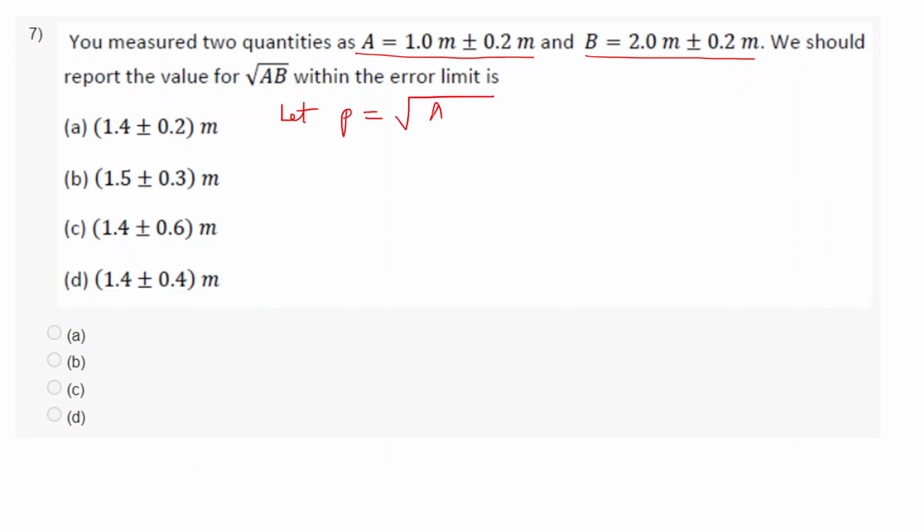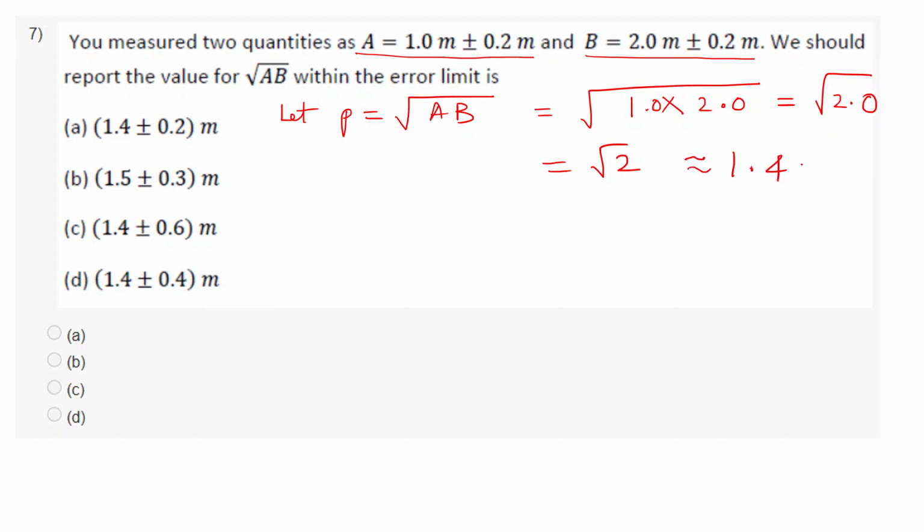To calculate this p, it is root of a times b, right? So a times b means 1.0 times 2.0, which is 2.0, so it will be root 2. Root 2 is approximately 1.414, and since all this is in meter, a times b will be meter square and the root of that will be meter again.